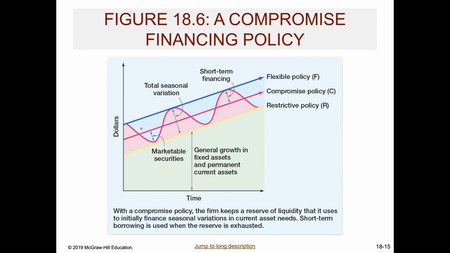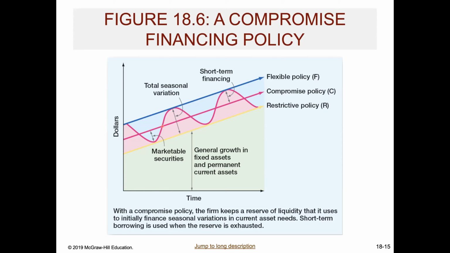So there's typically a compromise that businesses will make. With a compromise policy, the firm keeps a reserve of liquidity that it uses to initially finance seasonal variations. So as this curve starts to come up, we have the cash in hand, and we can see this variation begin. Short-term borrowing is then used when the reserve is exhausted.